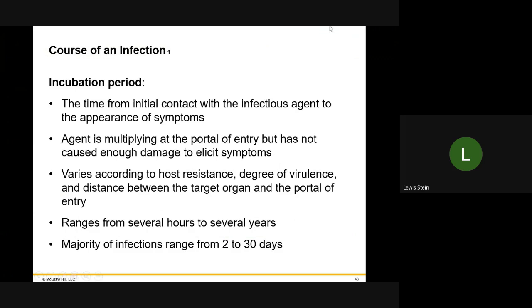So it's fairly significant. It's that lag time while it's replicating, bacteria or viral, and you're generating illness. So host resistance, virulence, et cetera. Again, hours to years, but the majority fall in that range.